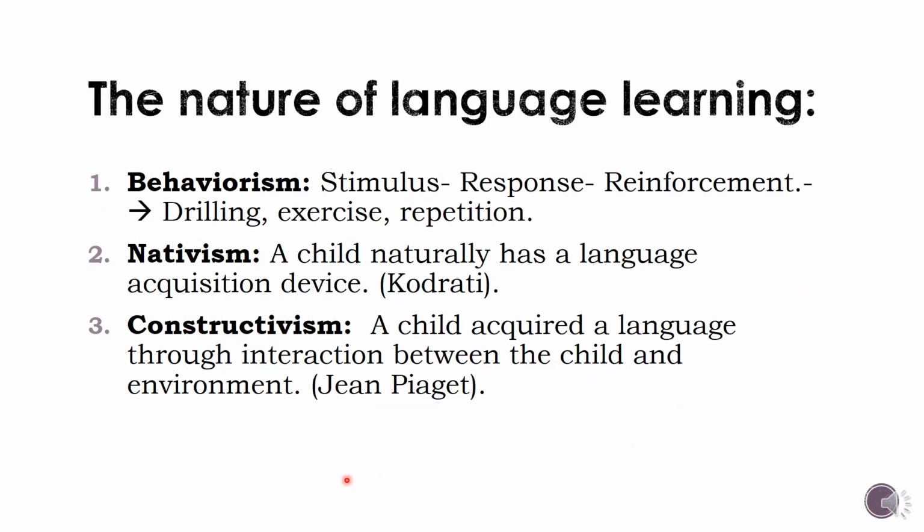And the nature of language learning. So what are the features of language learning? An individual can learn a language through behaviorism, or through nativism, or through constructivism. Behaviorism refers to these three main processes: stimulus, response, and reinforcement. The individual can generate a stimulus, and from that stimulus, a response can be generated, and after the response there will be reinforcement.